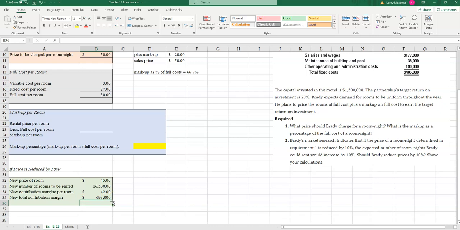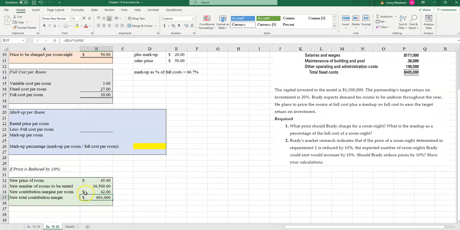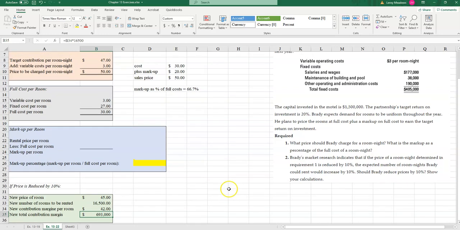Should I reduce the price by 10%? Well, let's compare our new total contribution margin in the sensitivity analysis here to what I'm already charging and getting. My total contribution margin right now is $705,000. If I undertake the change, my contribution margin is going to decrease to $693,000.